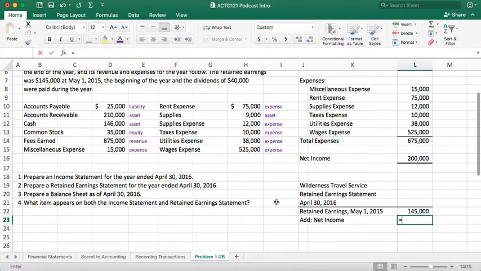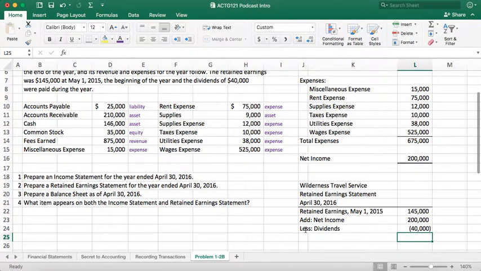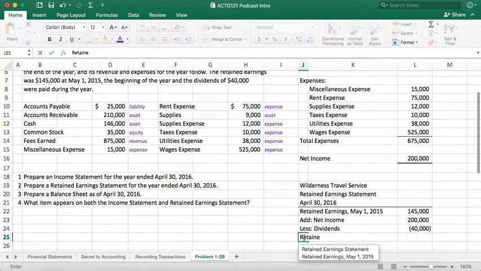Now, the next piece is we add the net income. Remember, we just calculated that right here. We add net income, and then we subtract dividends. And that was also given in the problem, $40,000. So retained earnings, beginning of the year, add your net income for the year, subtract out the dividends, and then we have the retained earnings ending balance, April 30th, 2016.